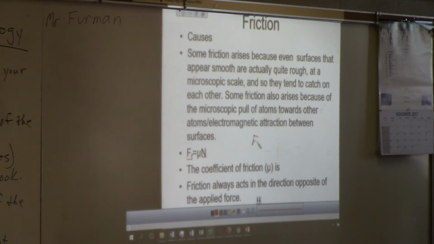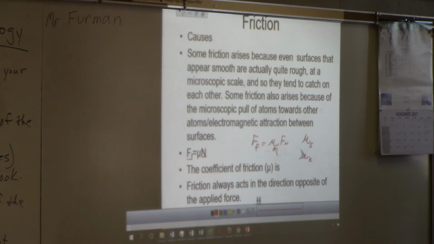So frictional force is equal to mu Fn. Mu is the coefficient of friction, and you have two different mu values for any two surfaces. You have mu s, mu static, and mu k, mu kinetic.